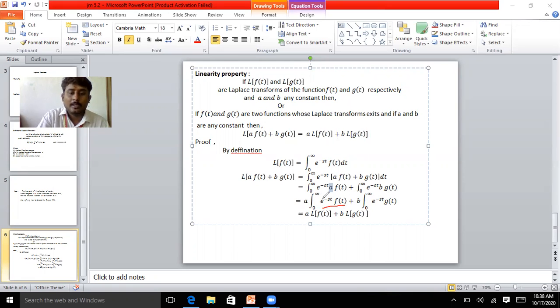So again we get two functions, f(t) and g(t), and the constants remain the same: a times the Laplace transformation of f(t), plus b times the Laplace transformation of g(t). Hence we separate the Laplace transformation of any two functions with constants and get the answer.